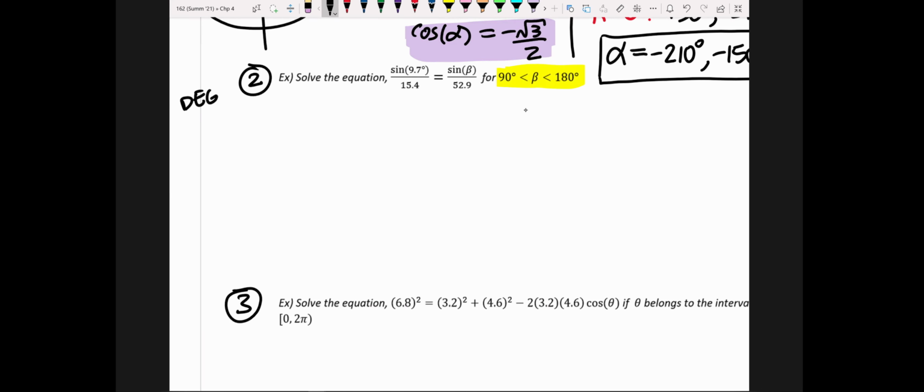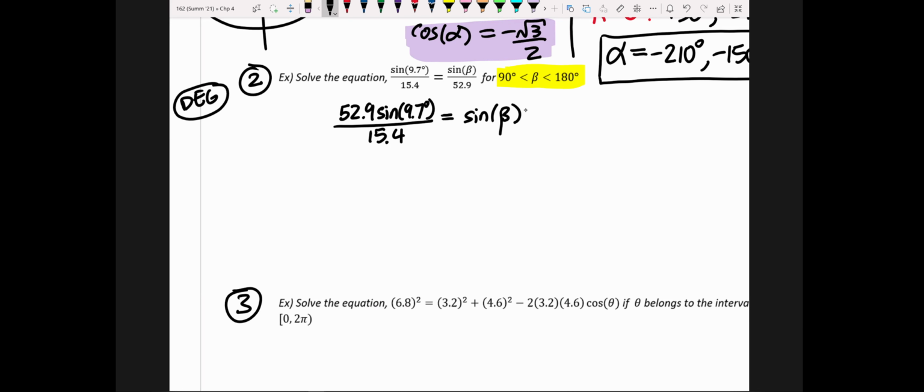So those are the two pre-steps. This one, we can just multiply both sides by 52.9. So sine of beta is 52.9 times sine of 9.7 degrees over 15.4.